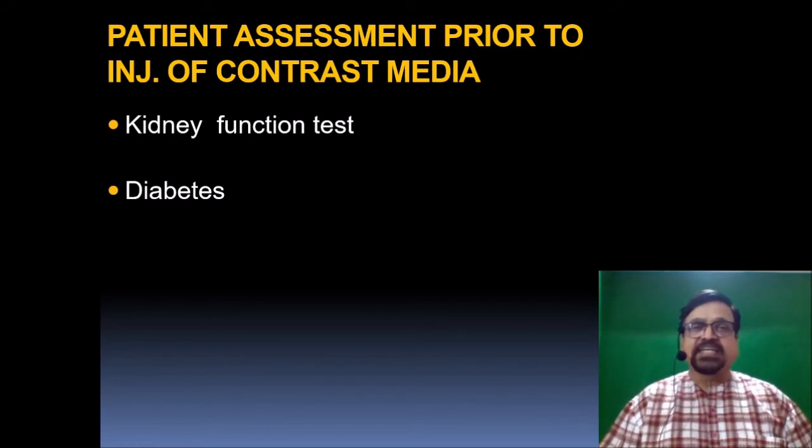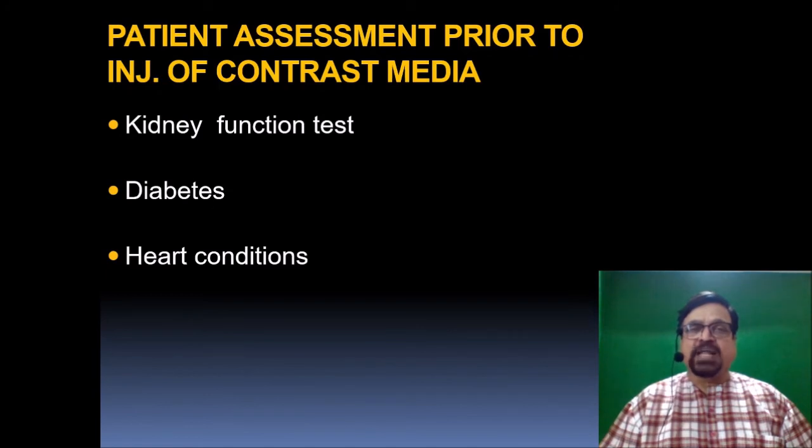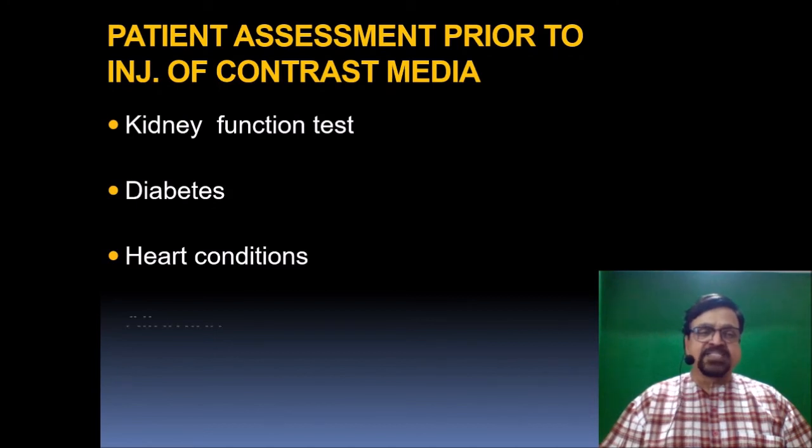Then kidney function tests have to be seen before, because high levels of creatinine, more reliably than blood urea, are a contraindication for going for any contrast procedure. Other categories include diabetes, heart diseases, and known earlier allergies.